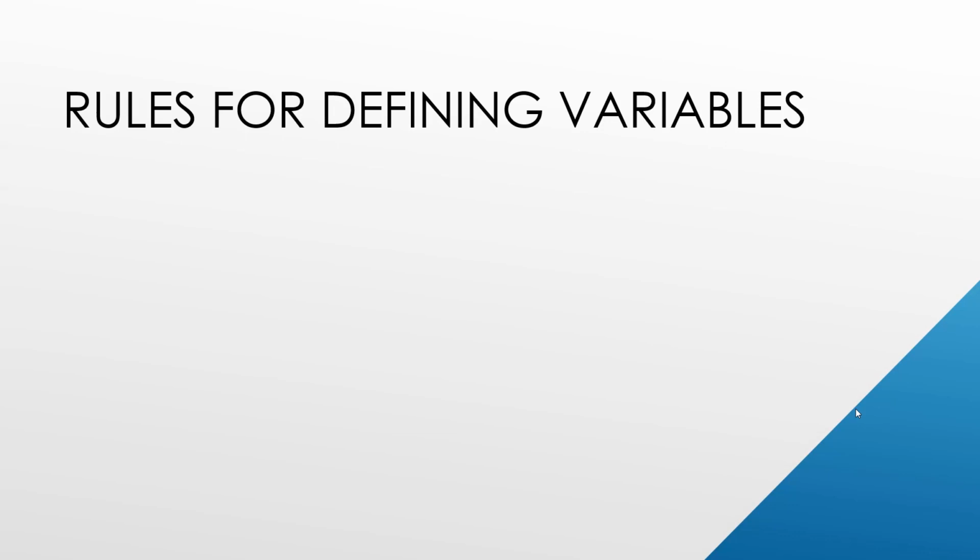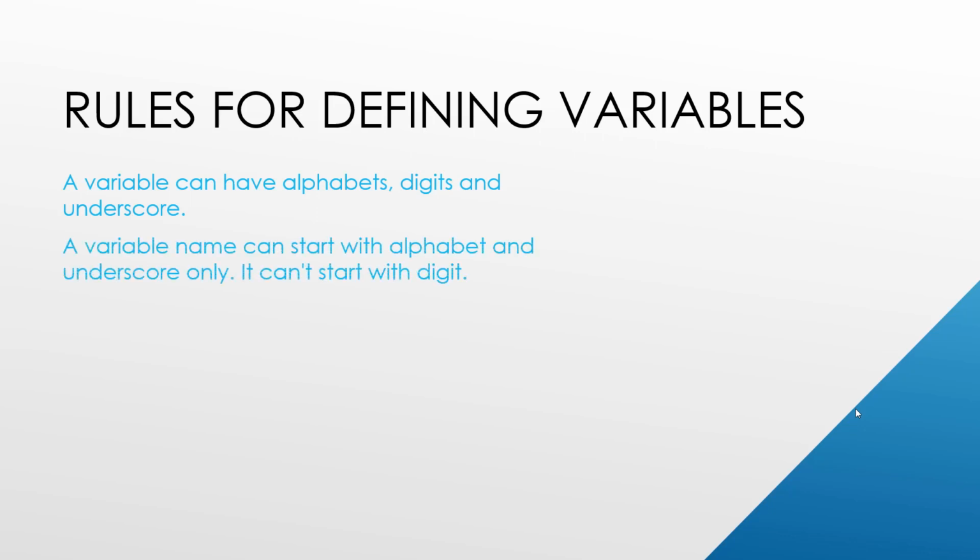Rules of defining variables. What are the rules? How can we define a variable? A variable can have alphabets, digits, and underscore, right? A variable name can start with an alphabet or underscore only, not with a digit, right? It can't start with a digit. If you write a digit first and then the alphabet, it will throw a compile time error. No white space is allowed within a variable name. Like if you want to write the name Kumar Hers, with a space, we can't do that.